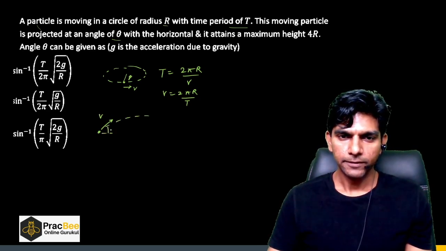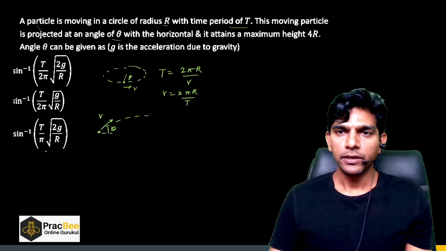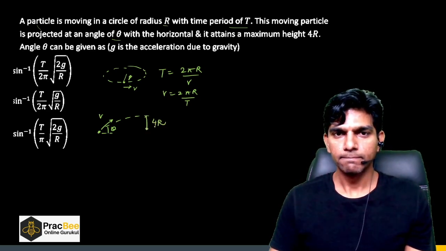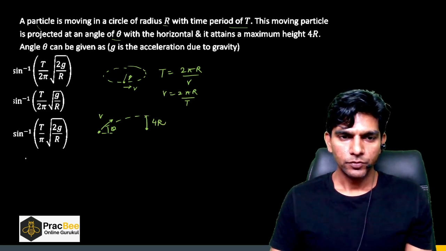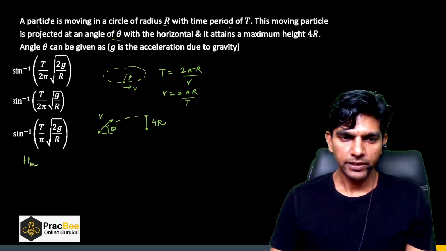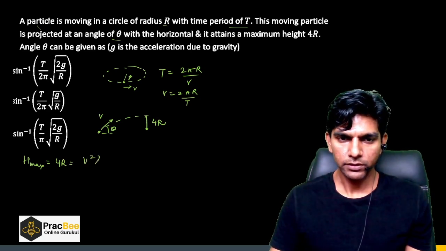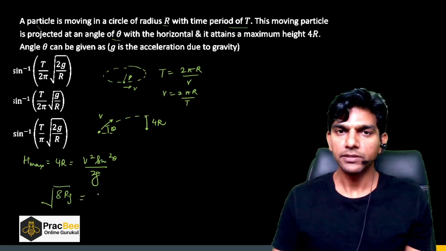at an angle theta, and it attains a maximum height which is 4r. So we know that h max, which is 4r in this question, will be v square sine square theta by 2g. And if I take the square root, I can say root of 8rg is equal to v sine theta.